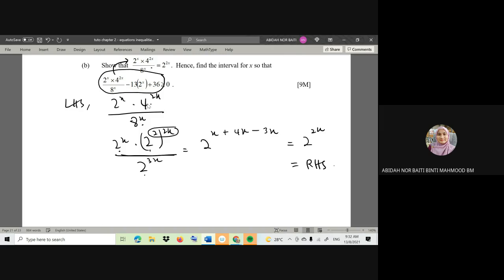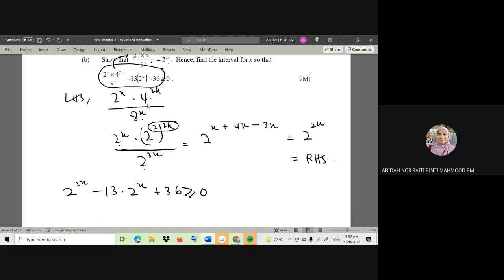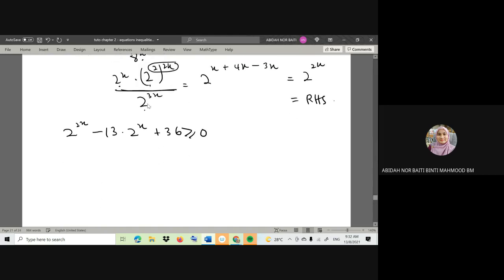This is equals to 2 power of 2x. So kita ganti saja 2 power of 2x. Okay, minus 13 times 2 power of x plus 36 greater than or equal to 0. Okay, boleh? So ni 2 power of x, kita jadi keluarkan 2 power of x kat situ juga. Squared lah, so dia jadi squared minus 13 times 2 power of x plus 36 greater than or equal to 0.